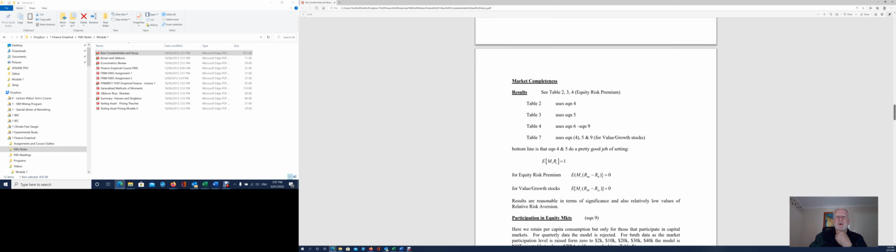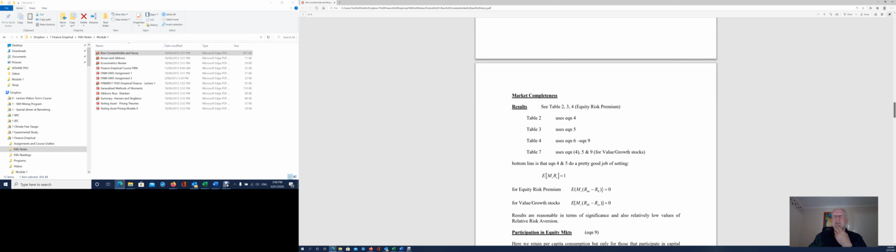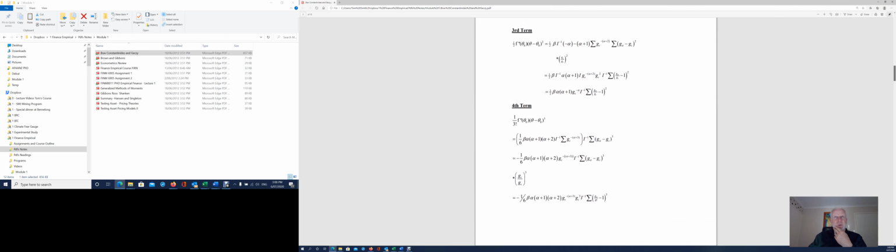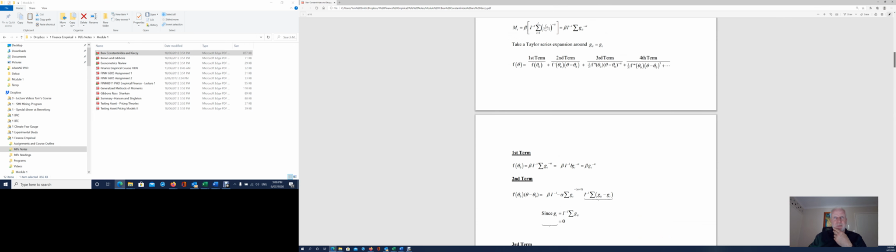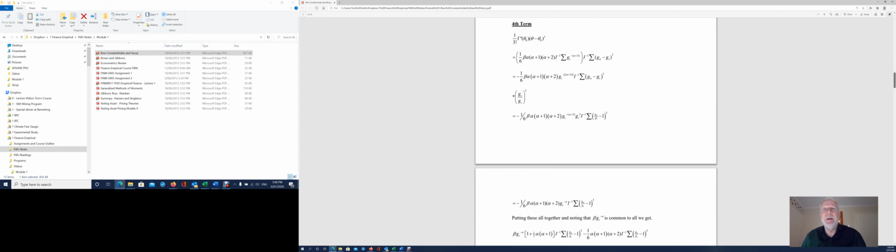So what they're doing is looking at the equity risk premium and the value growth. What they find is that indeed equation 9 doesn't work at all, but equation 4 does do a good job of describing the data, with values of the relative risk aversion which are reasonable, probably less than 5.